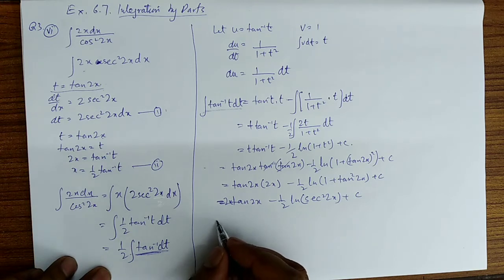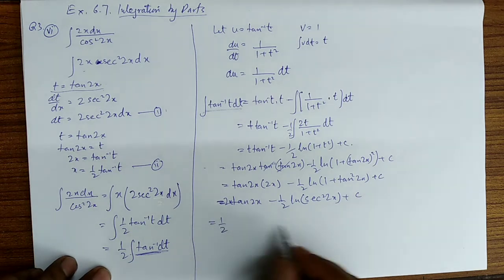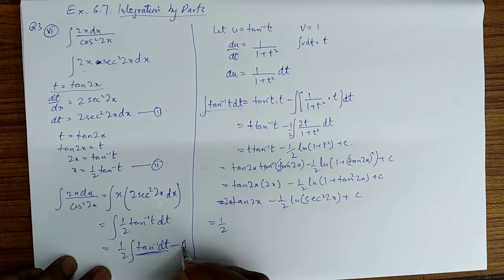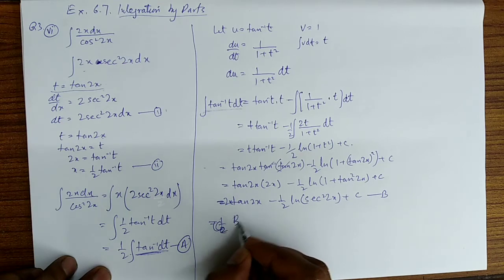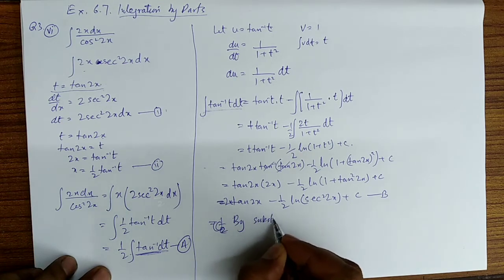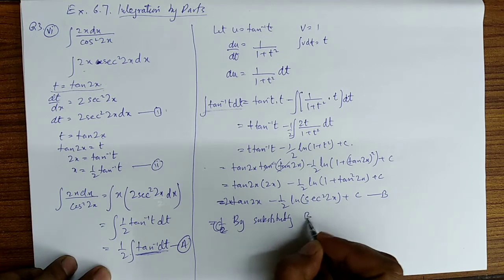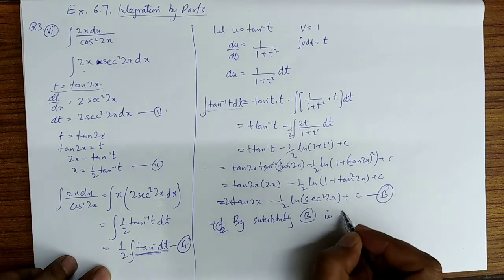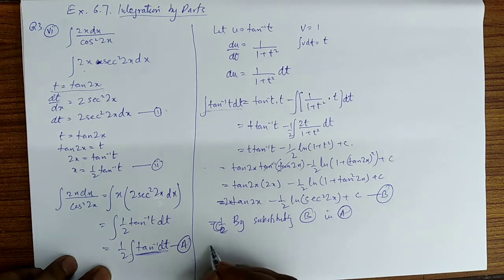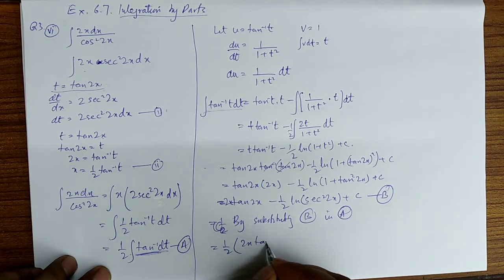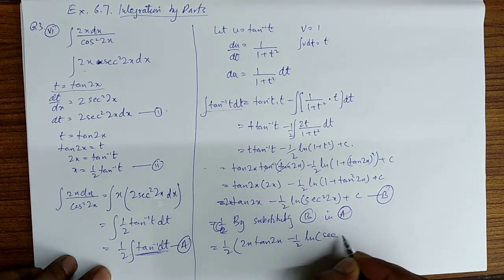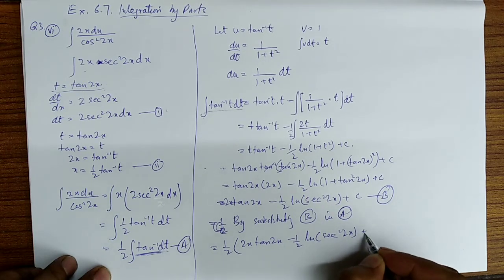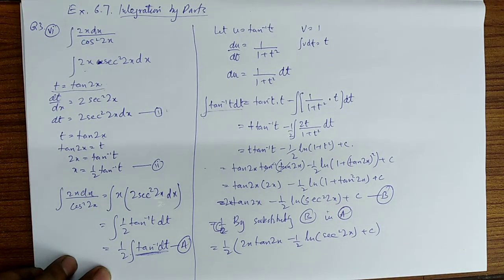Let's suppose this is equation number A and this is B. So by substituting B in A, what we obtain is 1 upon 2 into 2x tan 2x minus 1 upon 2 ln sec square 2x plus c, right?